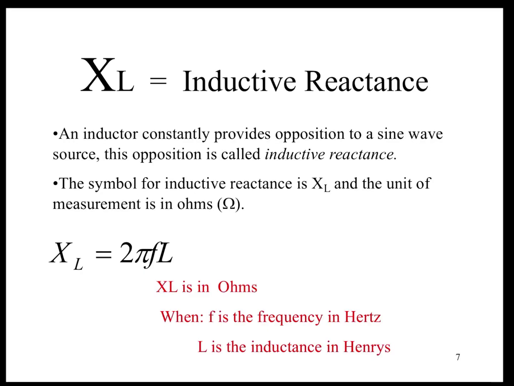All right, so then we get here to where we look at something called XL. When it comes to reactance, X indicates reactance. So when we have reactance from an inductor, it's called XL, and if we have reactance from a capacitor, it's called XC.